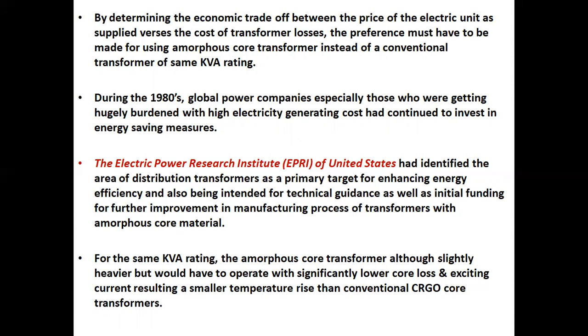For the same kVA rating, the amorphous core transformer, although slightly heavier, but would have to operate with significantly lower core loss and exciting current, resulting in smaller temperature rise than conventional CRGO core transformers.